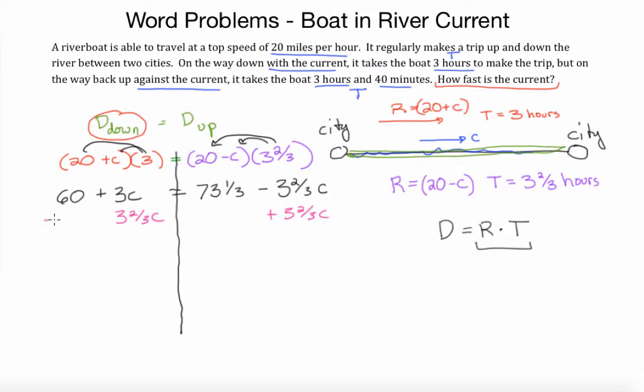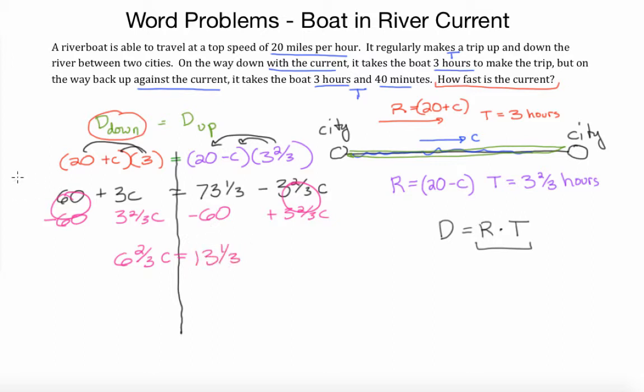And I'm also going to subtract 60 from both sides. I'm going to rearrange everything here. That goes to 0, that goes to 0, and we have 6 2/3 times C equals 13 1/3.